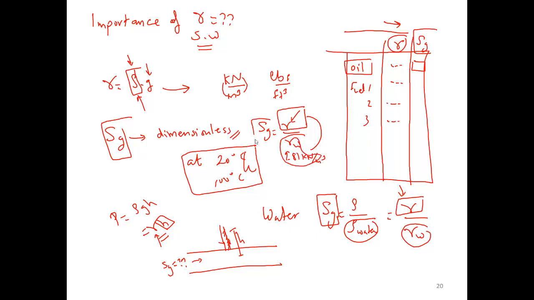So I'm giving you the specific gravity, so you can find gamma and substitute it in this equation times the H that you read, and you would get the static pressure of the fluid right here at this point.